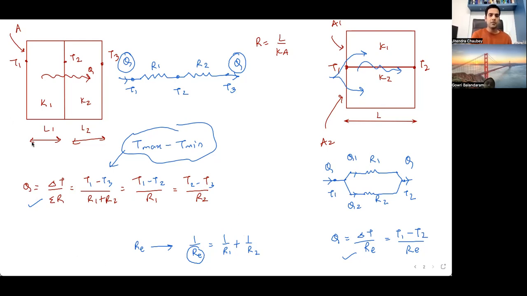What normally people do wrong in the exam is they take the reciprocal and simply equate it to RE. Make sure it is taken as the reciprocal of the value, because it is 1 upon RE, which is equal to 1 upon R1 plus 1 upon R2. So it's 1 upon all of them. Sometimes you might end up taking 1 upon R1 plus 1 upon R2 as RE.